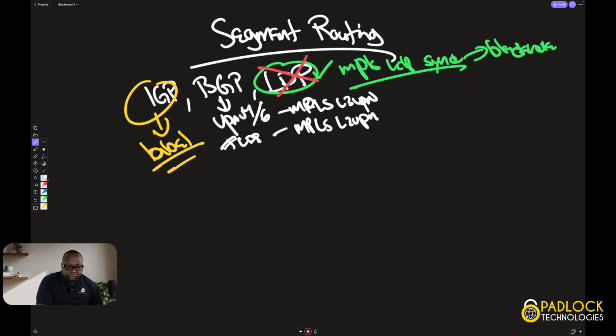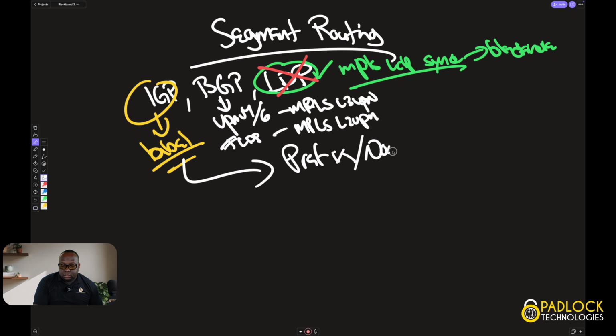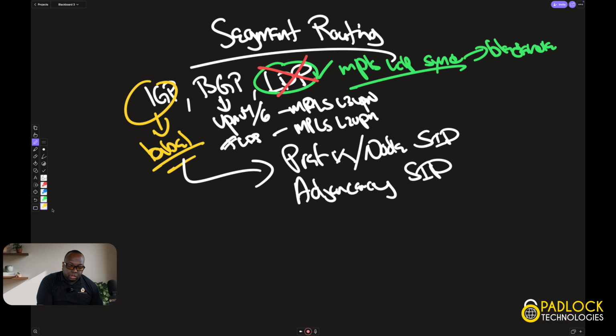So in segment routing, you have a prefix SID or a node SID, segment identifier, and then you have an adjacency SID. Hopefully I spelled that right. The node SID is usually the loopback of the node, and the adjacency SID is for the links.